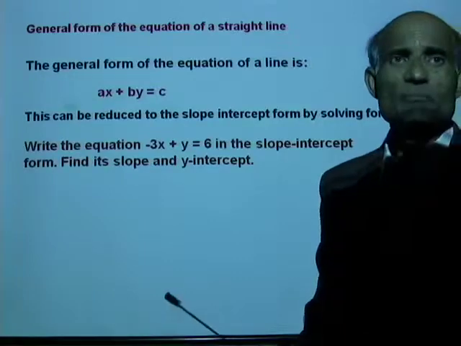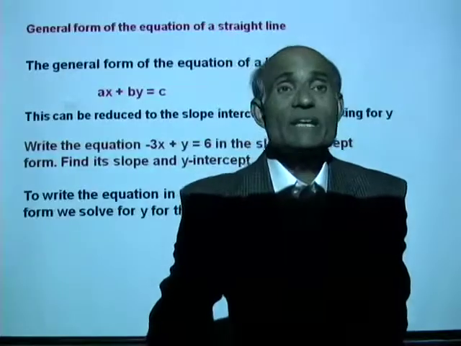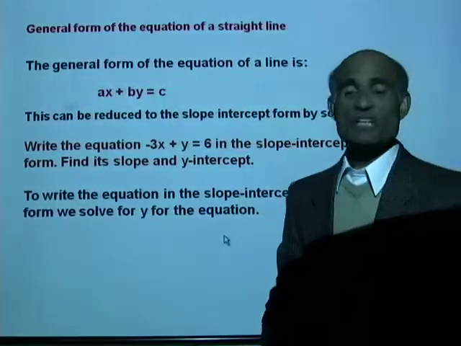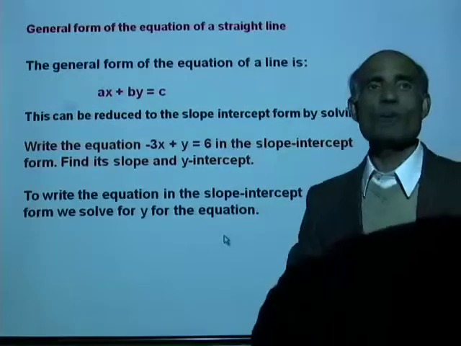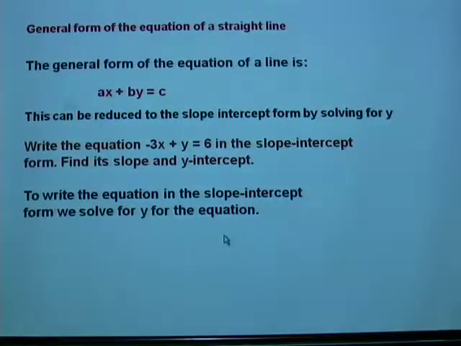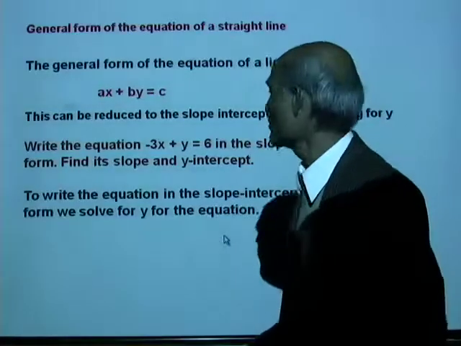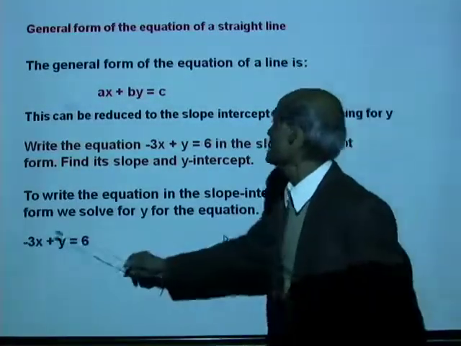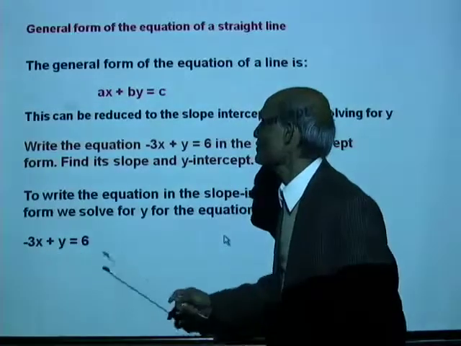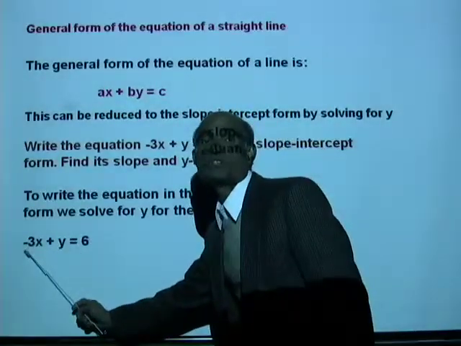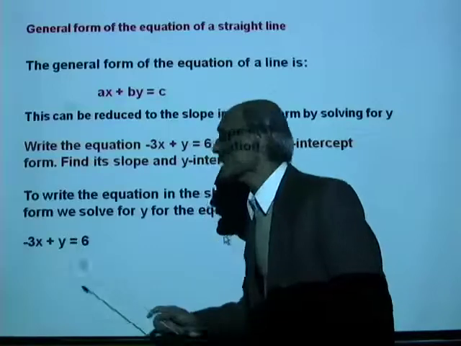So let's do that now. To write the equation in the slope-intercept form, we simply solve for y in this equation. And that's a very simple process, is that right? So negative 3x plus y equal to 6. All we need to do is move the negative 3x to the right.